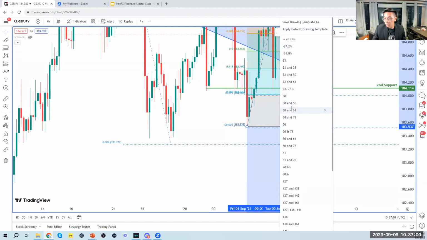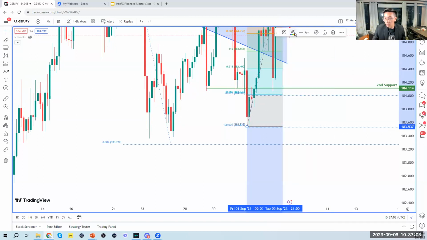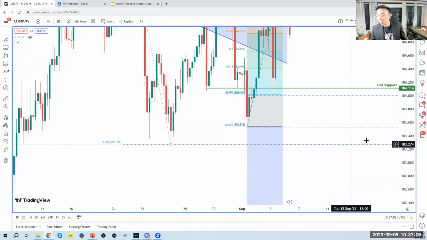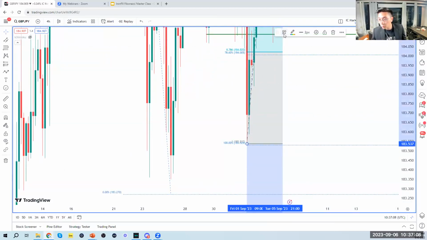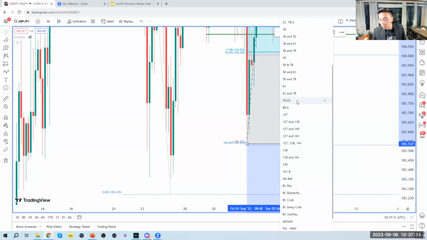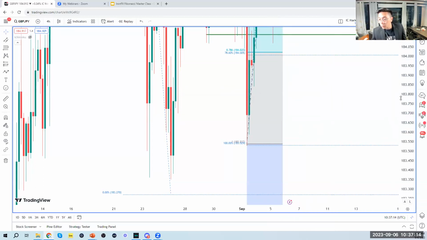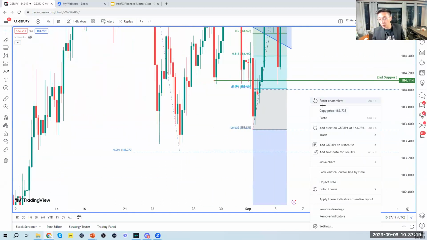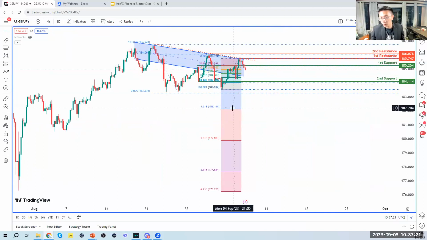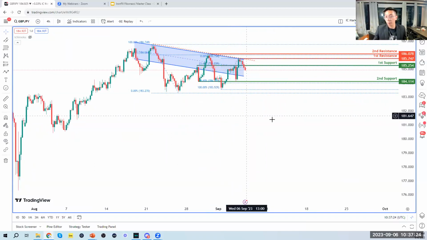Yep, you can see right here, once price comes back down again, I'm very inclined to buy. Buying off this area will be a good area since there is Fib confluence here, the 78.6 Fib retracement and 78.6 Fib projection.